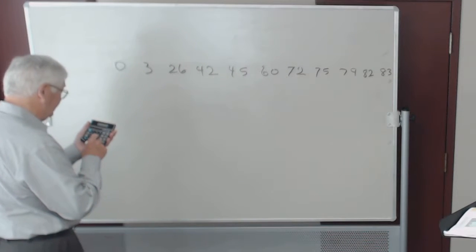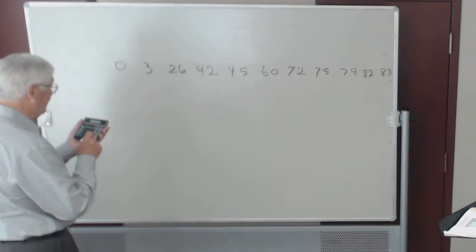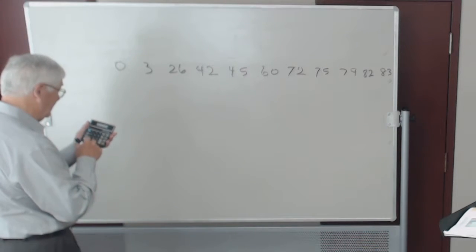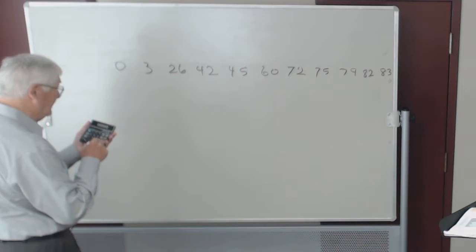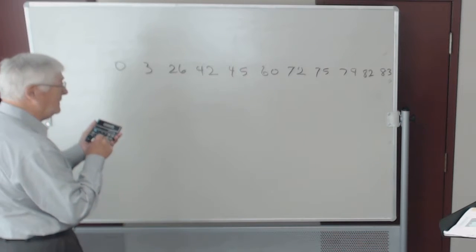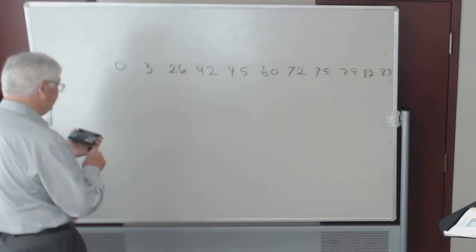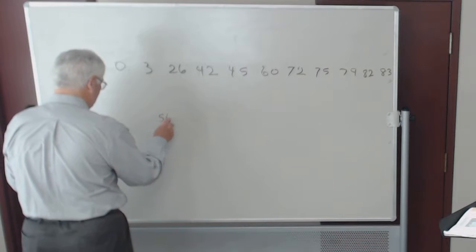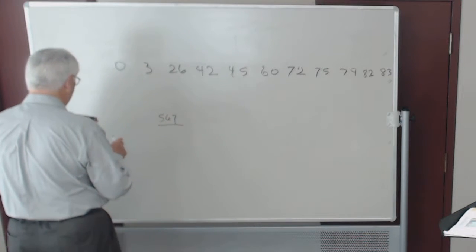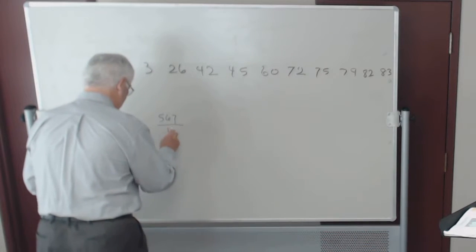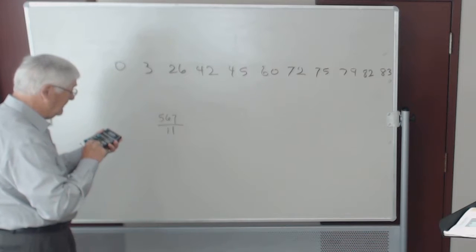And I go 0 plus 3 plus 26, and so on. 567 divided by 11.